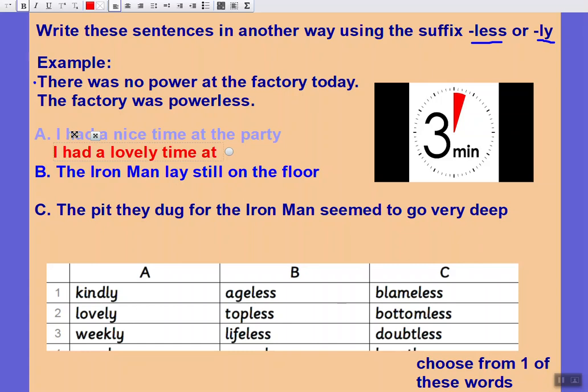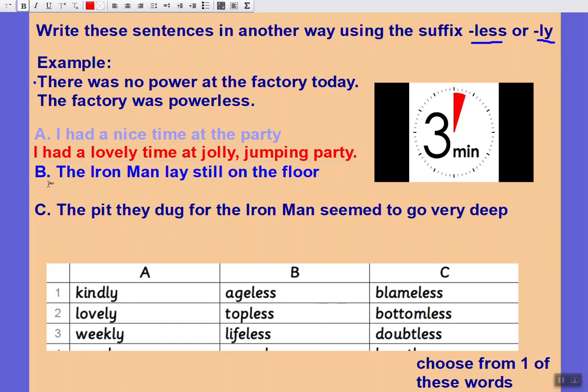I'm going to say what type of party it was. At the, I'm going to call it jolly jumping party. Okay, that's one way. So the word that we've used in there is lovely. So instead of nice, we've said lovely.